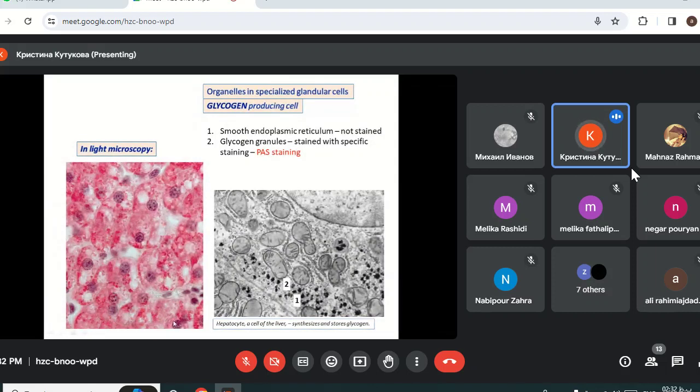So in light microscopy you can see here a lot of hepatocytes, liver cells with their cell nuclei, and reddish inclusions of glycogen. Also, the cells of liver store lipids. Lipids are not stained, they look like whitish circles inside the cytoplasm.